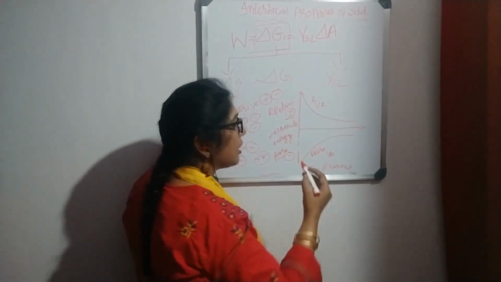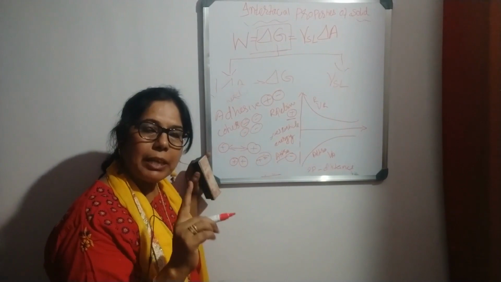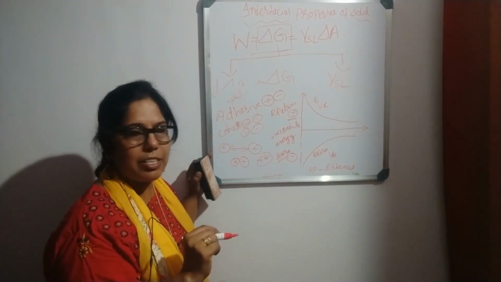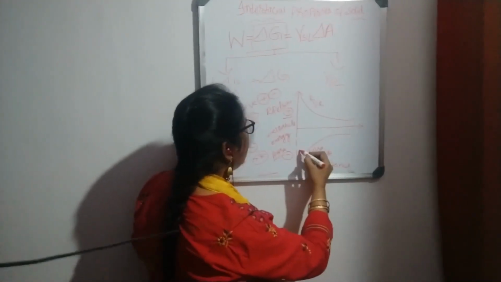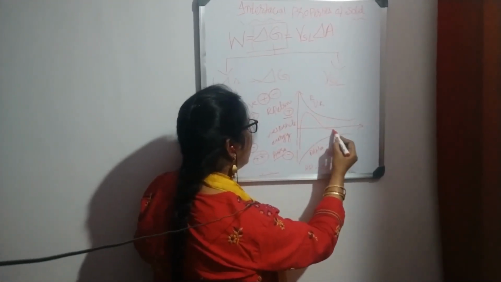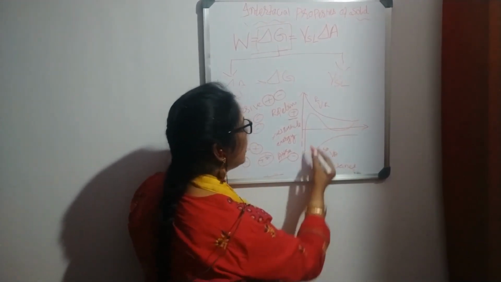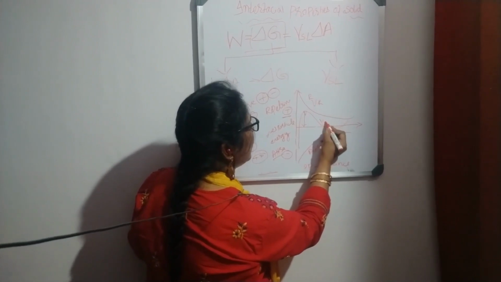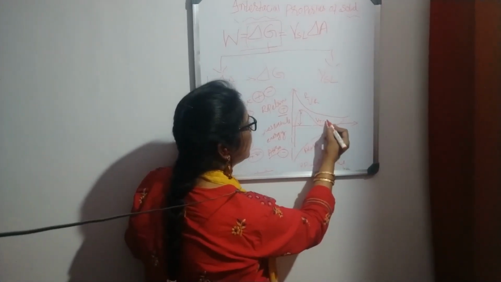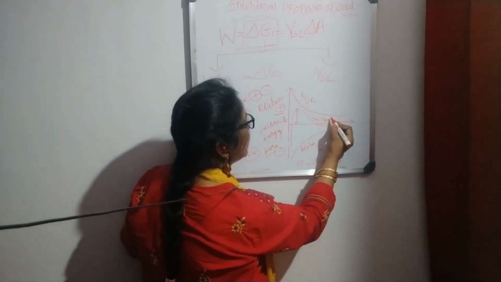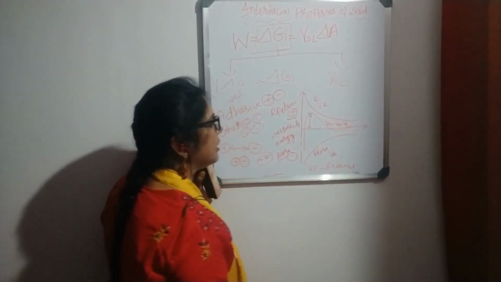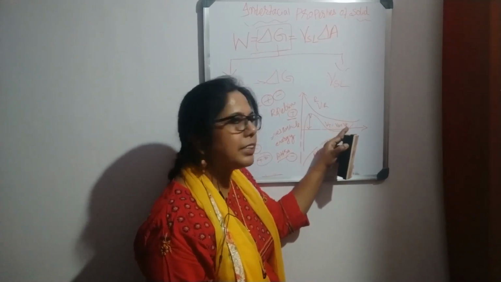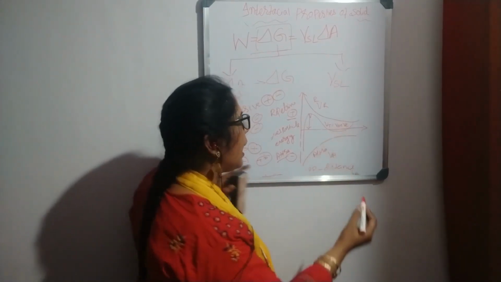There is one more I had told: the interparticle distance and its effect on the potential energy barrier. The potential energy barrier, we will say, is this one. So what is this potential energy barrier? It is the total energy, VT. Total energy is equal to VA plus VR, that is, attractive energy plus repulsive energy.